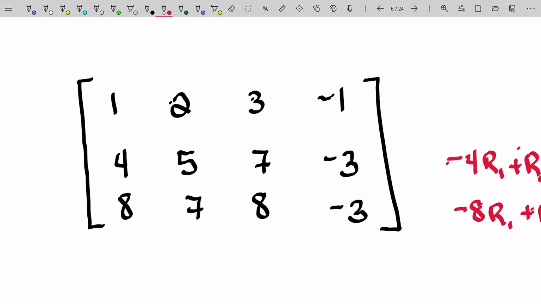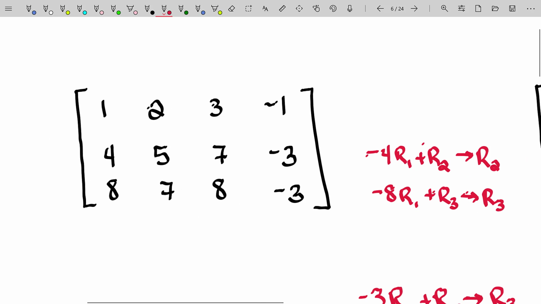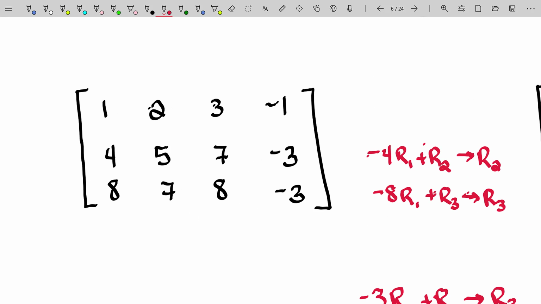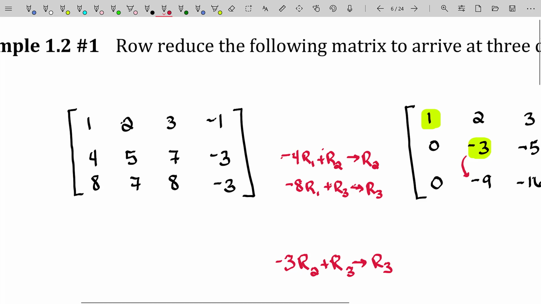You want to avoid speaking about subtraction when you're doing row replacements. Even though it's the same exact action, subtraction mentally leads to a lot of mistakes. So it's better to add negatives to positives than to say, I'll take this and subtract that.